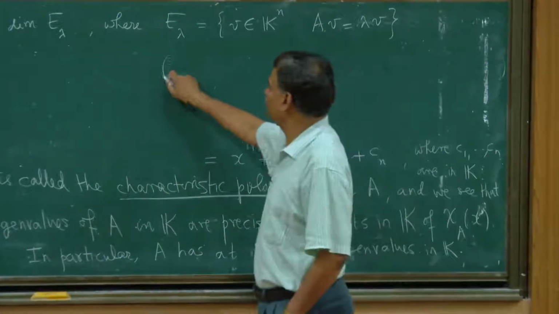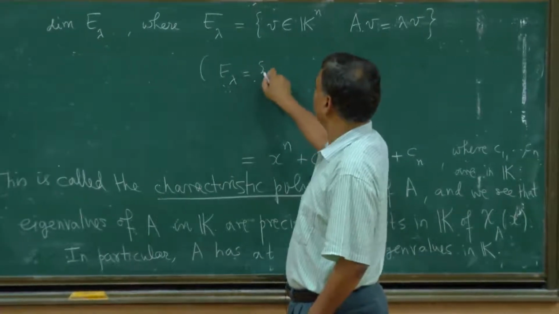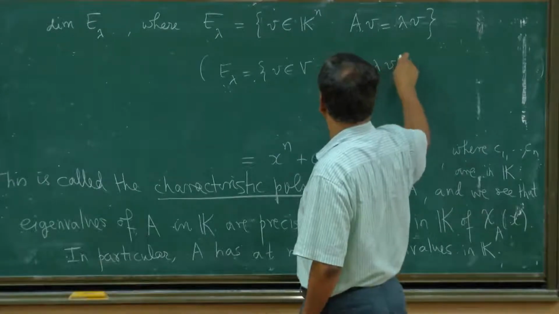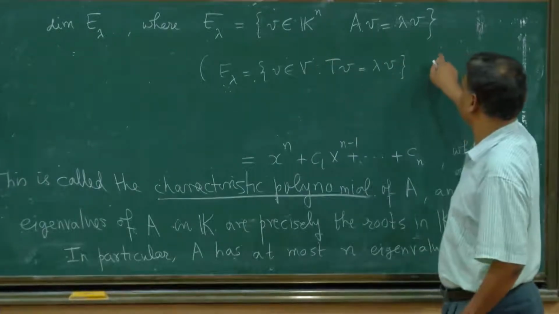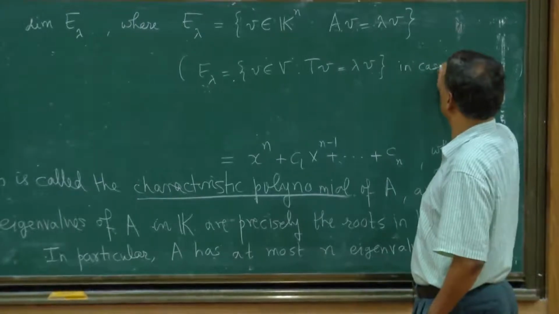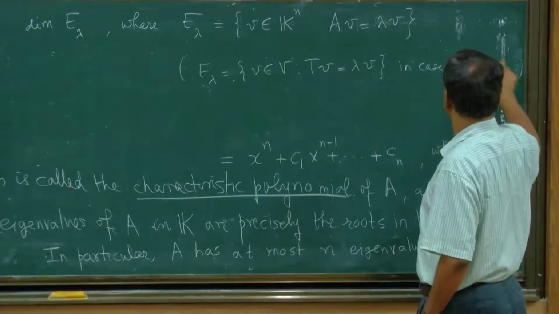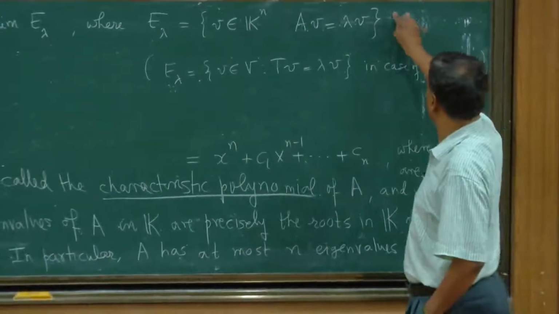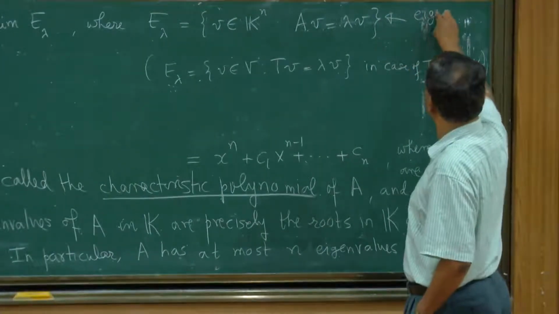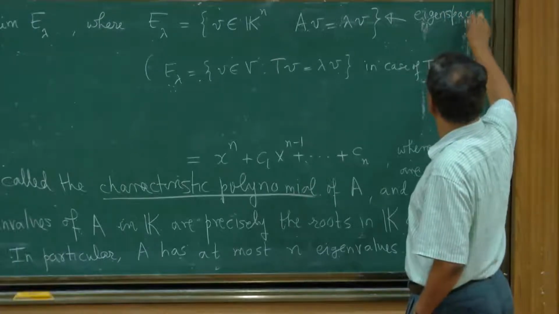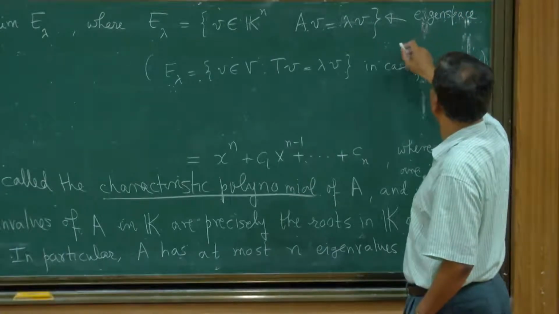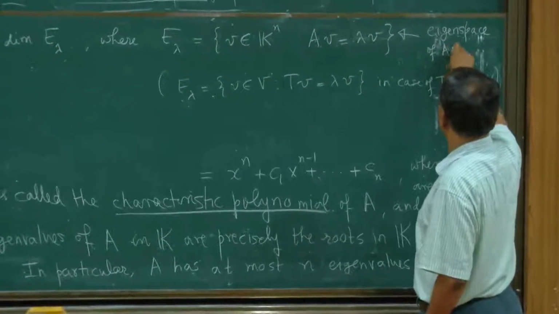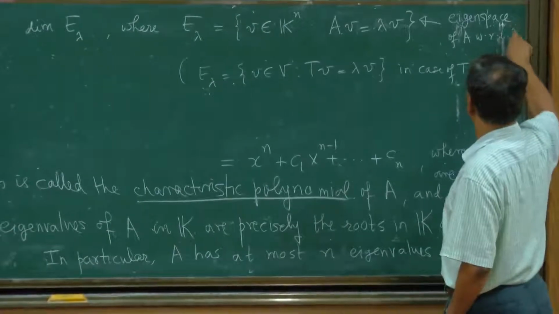Or in the case of linear operators, it will be the set of those V in the vector space so that TV is lambda V. This is called the eigenspace of A with respect to lambda, corresponding to lambda.